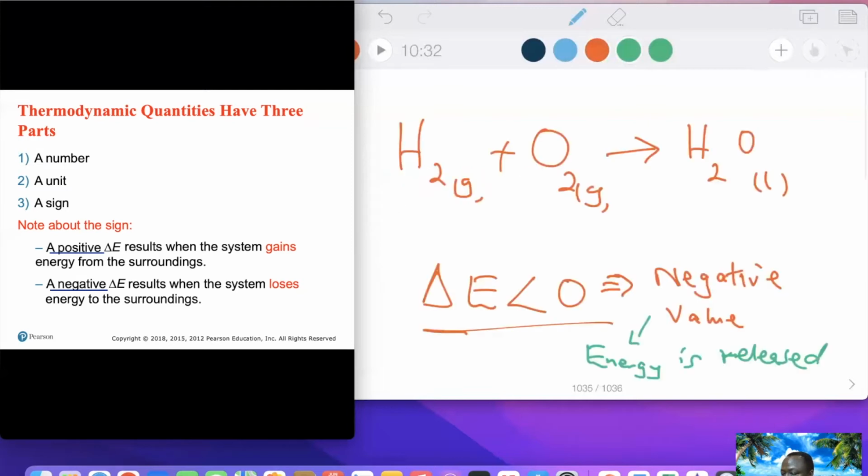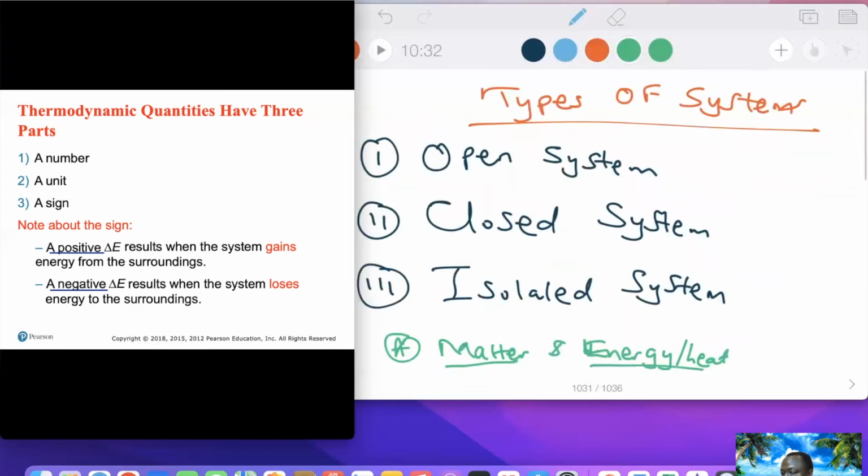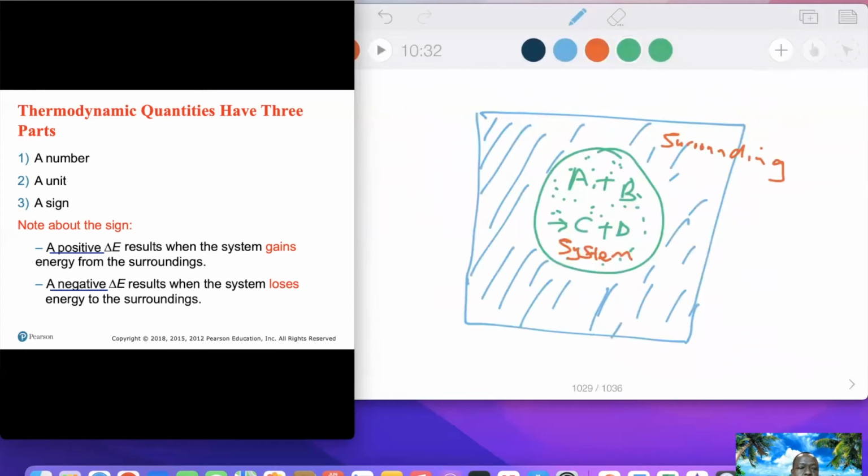Let me go back to my diagram right here, so that when we say energy is coming in, I use a different color. This means it is gaining from the surrounding. It is losing to the surrounding. Let's keep an eye on our diagram to really nail down the sign convention for thermodynamics. Change in negative means it's losing.